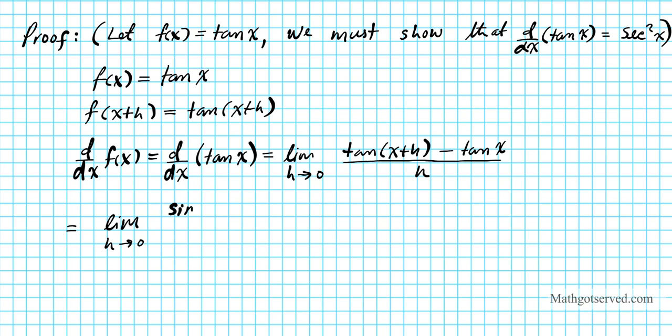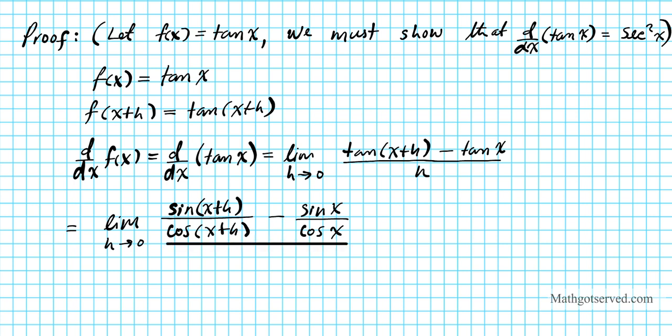It's going to be sine of x plus h divided by cosine of x plus h, because tan of an angle is the same as sine of the angle divided by cosine of the angle, minus tan x, which is sine x over cosine x. All right.